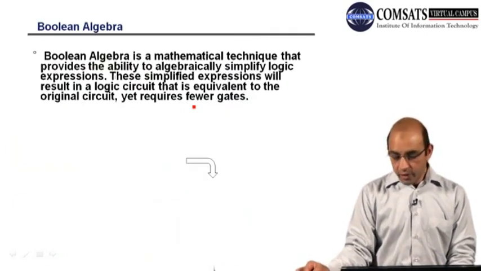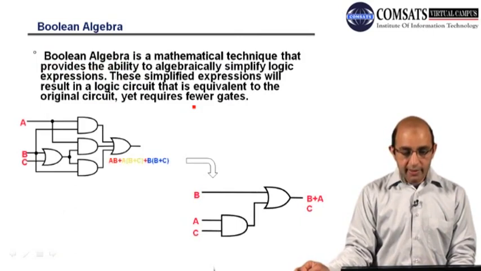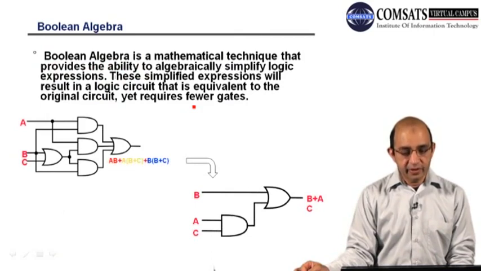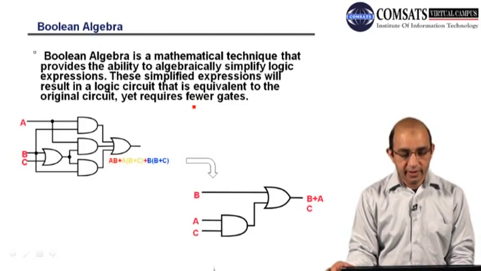Actually, Boolean algebra is a tool that we normally use for the analysis and simplification of digital circuits. For example, if you have a circuit like this, you can see that we have a very long expression and we have to use 4 different gates.